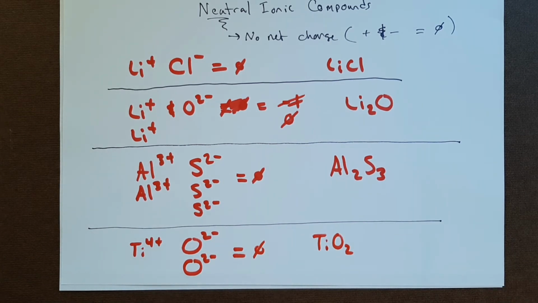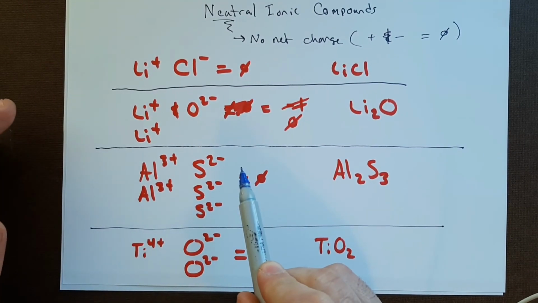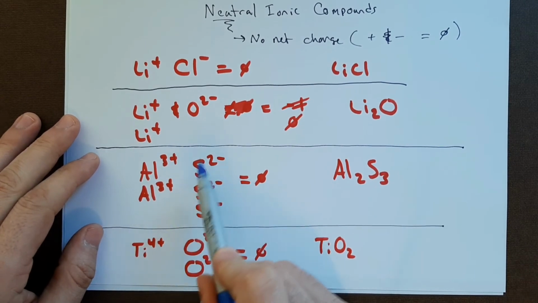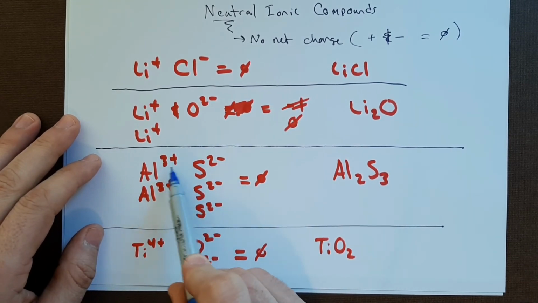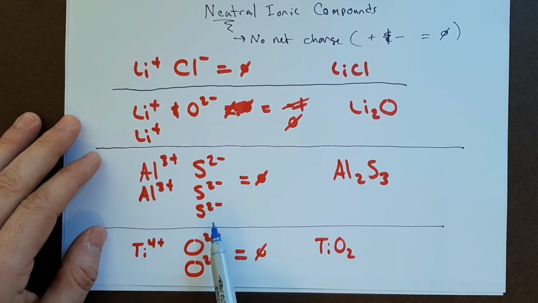There's one neat little trick that you'll see in your textbook, but I want to sort of point out the beauty of it and the flaw right away. You'll notice when you have these odd-even things, you're looking for a least common multiple. So the combined amount of charge is the multiple of the two. 3 times 2 is 6. So that's how many positives and that's how many negatives we need.